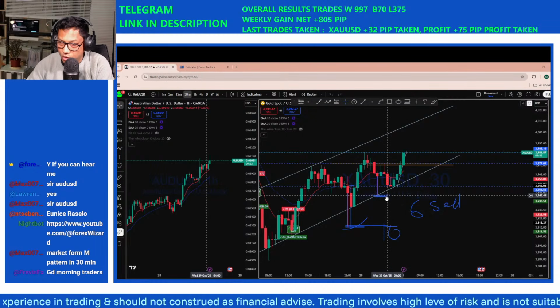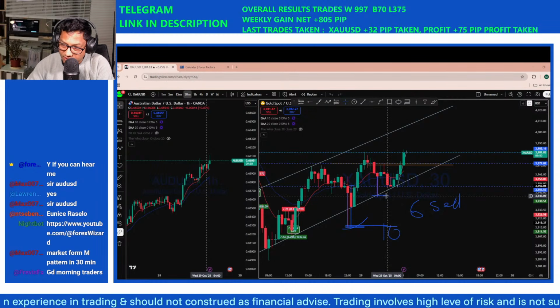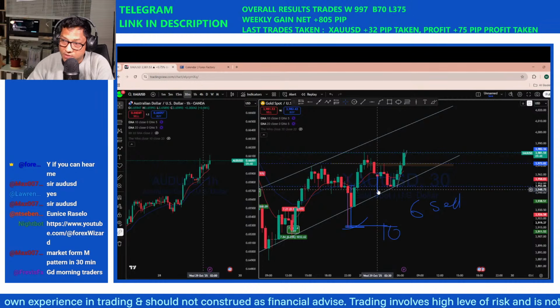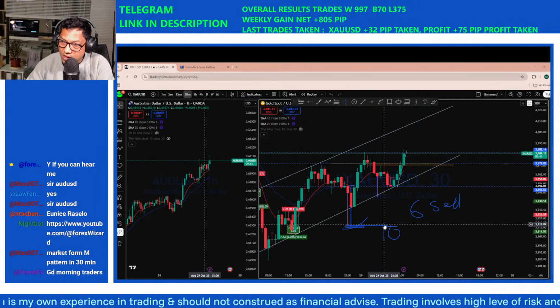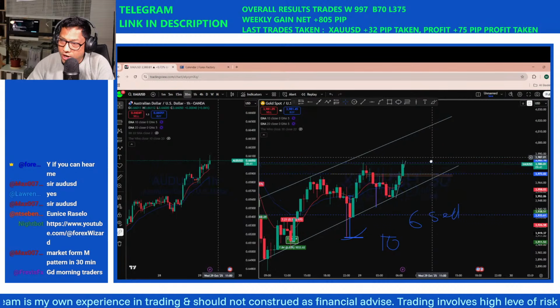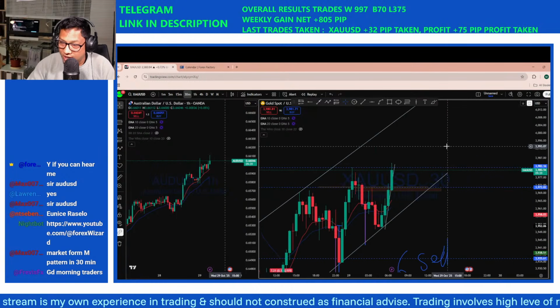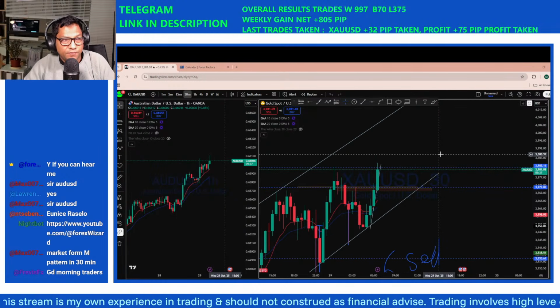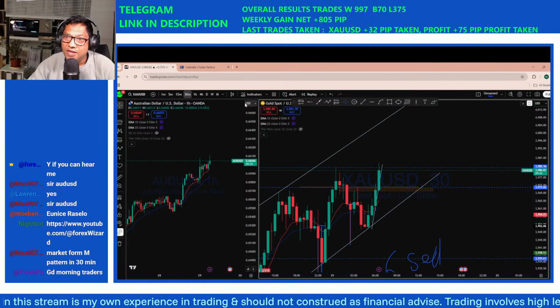That's where we see liquidity grab, and that's where the bigger move comes when the market drops from such an important level. So at this point, we understand from the technical and also from the fundamental perspective, it's a bull market.